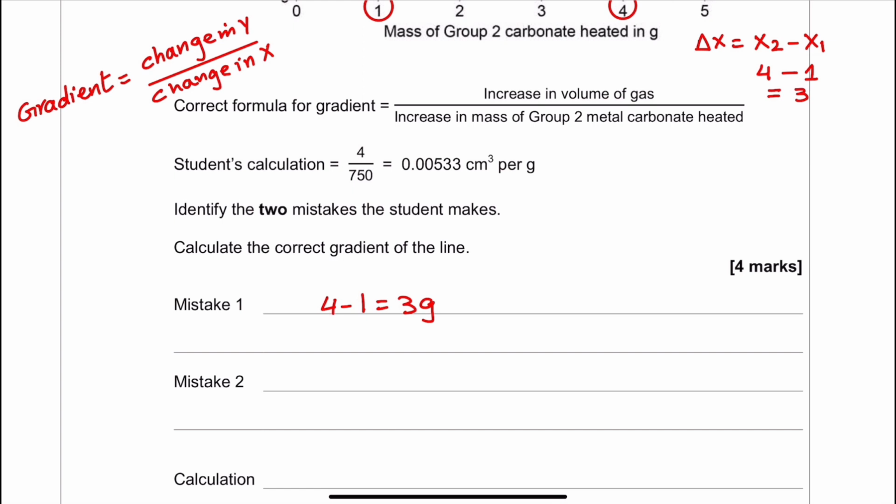The second mistake, the student needs to change the values in the formula. So the student needs to inverse the values in the formula.